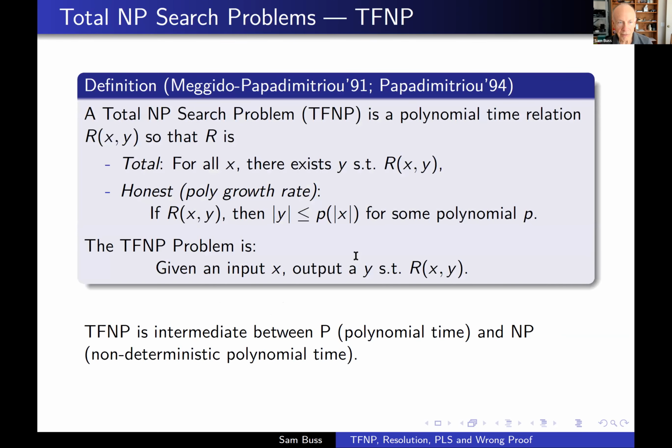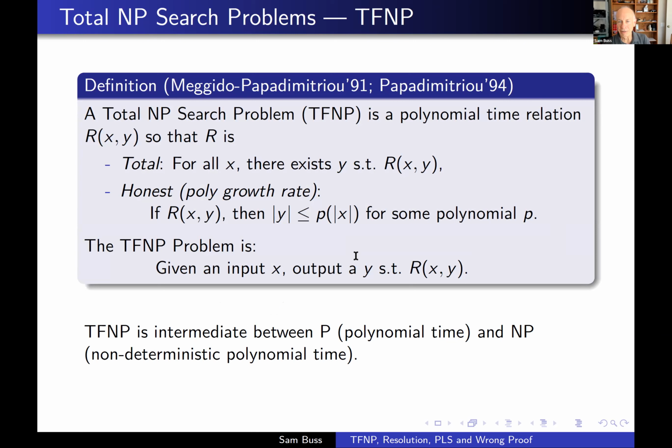Okay. So first of all, let me talk about TFNP. This was first introduced in a couple papers by Megiddo and Papadimitriou in 1991. So it's already defined in Neil's talk, but let me say it again. It's a total NP search problem. It's given by a polynomial time relation R. R takes 2 inputs, X and Y, and it defines the graph of a total multi-valued function, as it were.